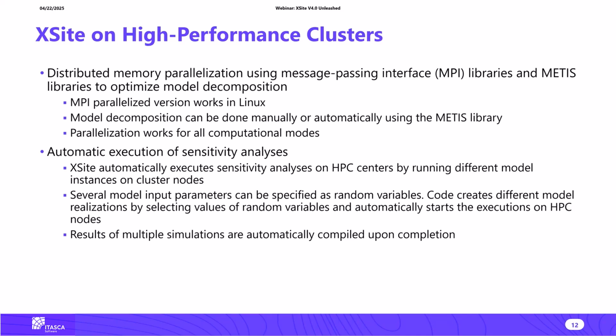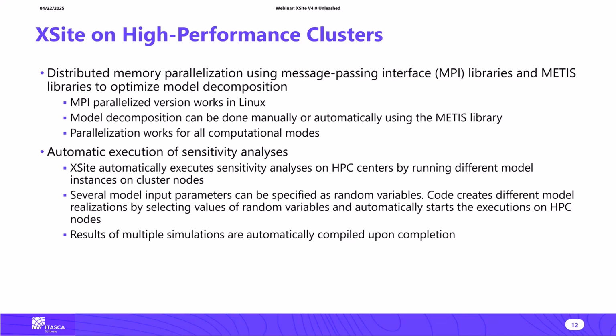That decomposition in XSite can be done either manually, where the model is geometrically divided into a number of parts in each coordinate direction, or automatically using the Metis library.